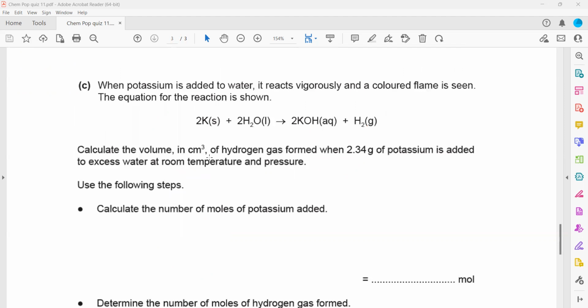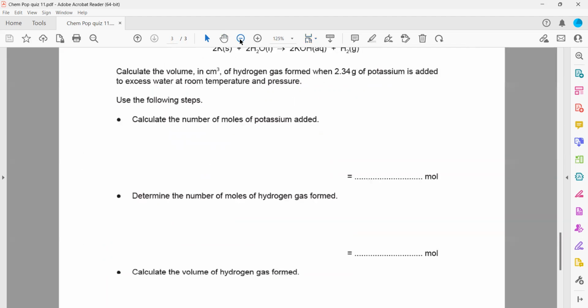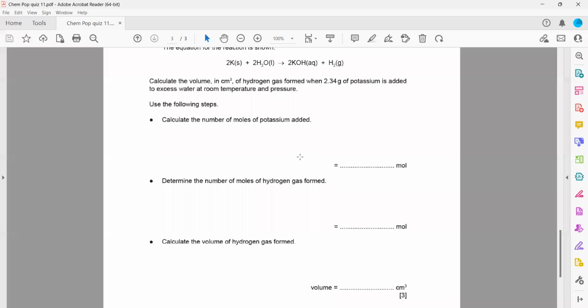Then when potassium is added to water, it reacts vigorously and a coloured flame is seen. The equation is shown here. Calculate the volume in cm cube of the hydrogen gas that is formed. First, calculate the number of moles of potassium. The first part we always solve using a formula.